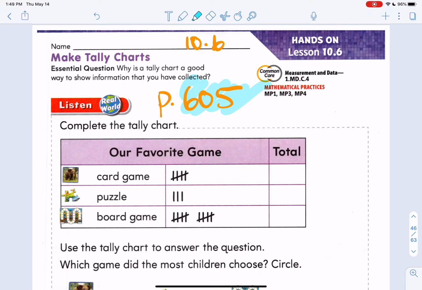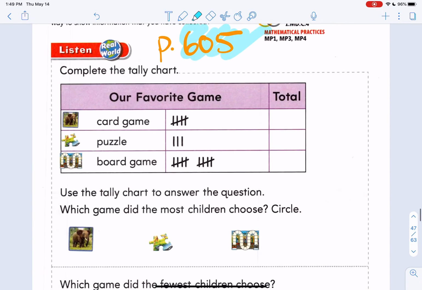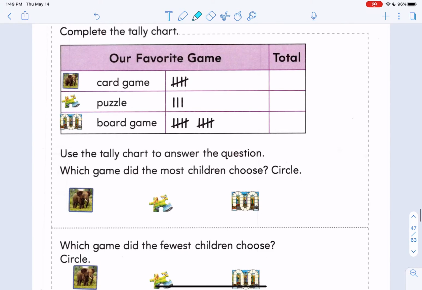Okay, we're going to work on this tally chart together. So let me scooch this up a little bit. And the directions say, complete the tally chart. Now, it's very important that we read all the different parts of the tally chart. It says in the title, our favorite game.